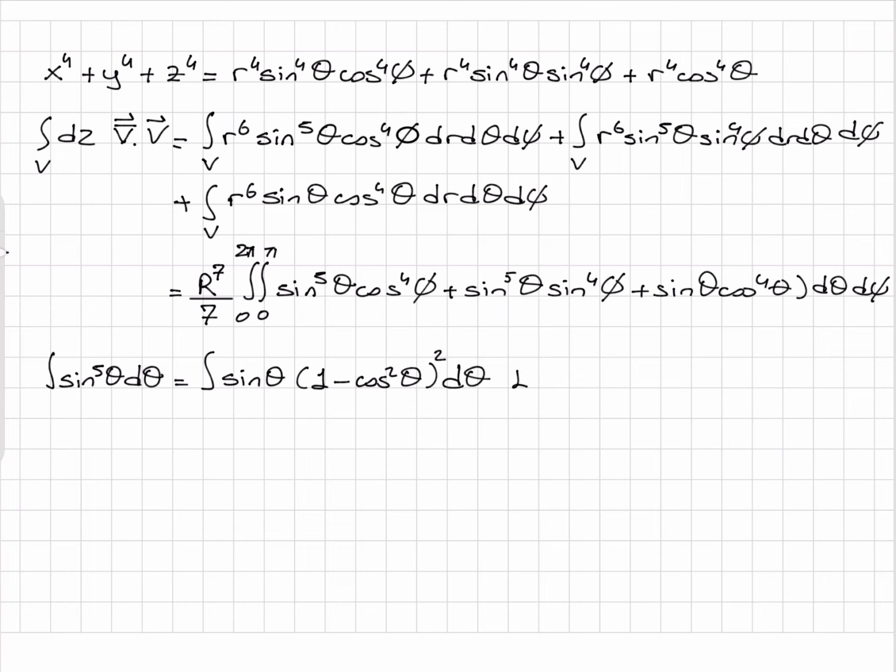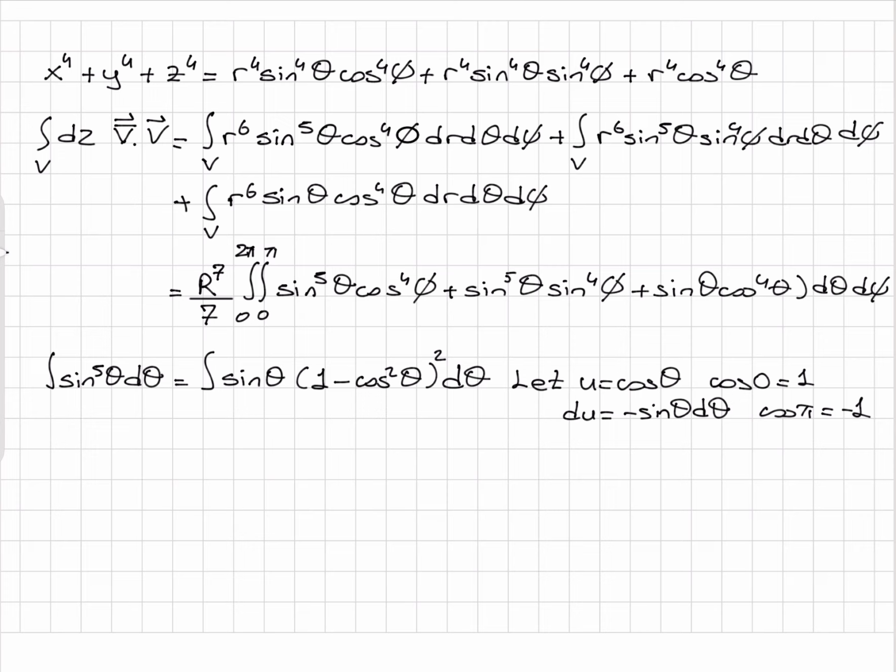So let's call u equal to cosine theta, du is equal to minus sine theta d theta, and we have cosine 0 equals 1 and cosine pi equals minus 1.